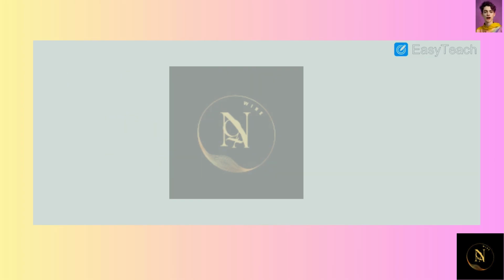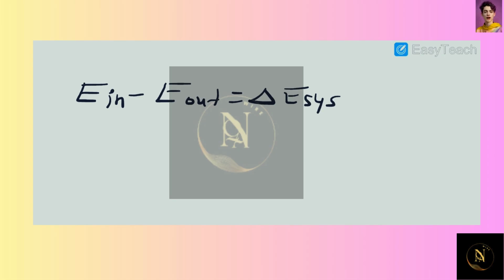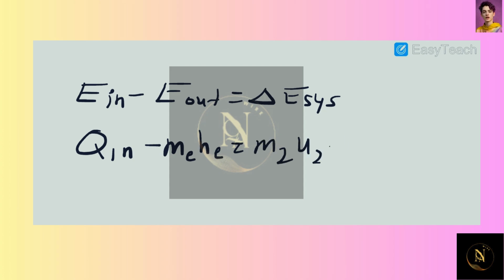Next, we can do an energy balance and say that the energy coming in minus the energy leaving is equal to the total change in energy of the system. We can say this as the heat coming into the system minus the enthalpy that leaves is equal to the total change in internal energy of the system, which will be m_2u_2 minus m_1u_1.